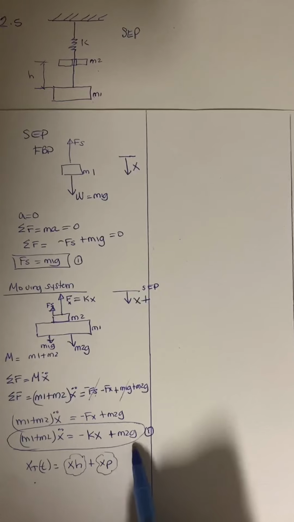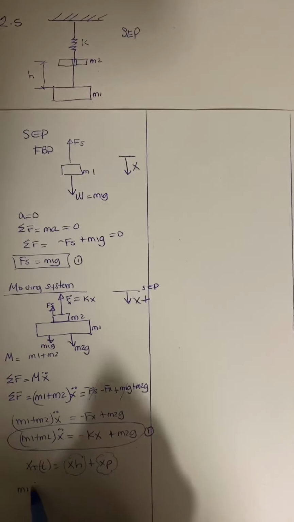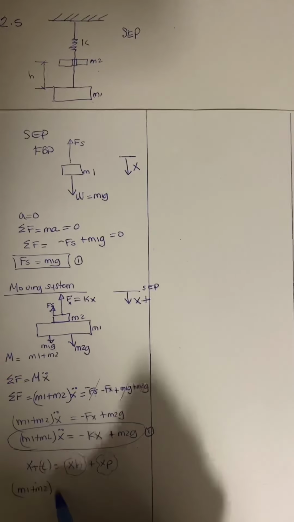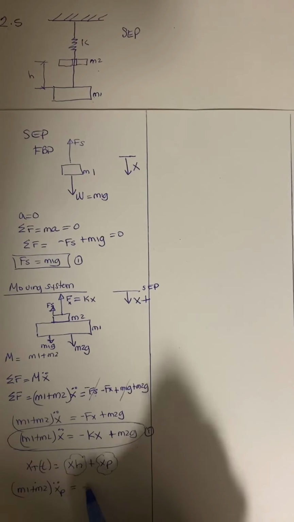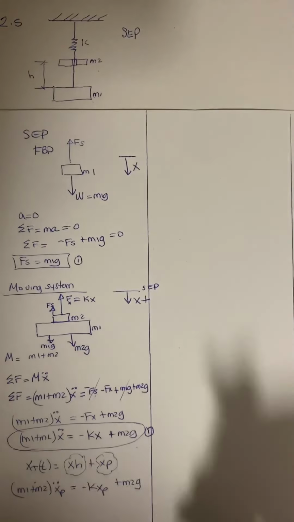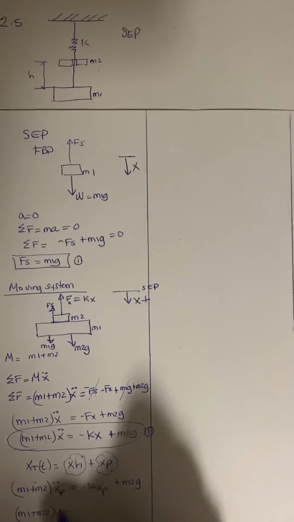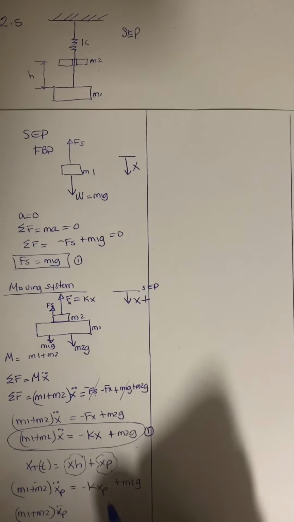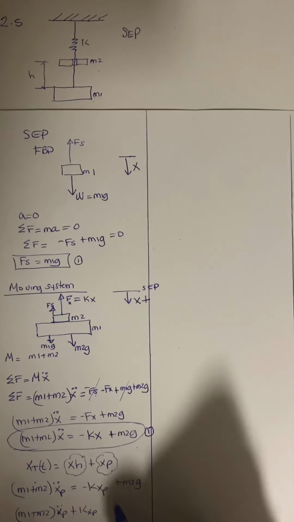To get the particular solution to this equation, we can simply rewrite this equation by saying that we're going to use only the particular solution: m(x particular double dot) equals minus k x particular plus m2g. We can also rewrite this a little bit more by moving the kx term to the left, equal to m2g.